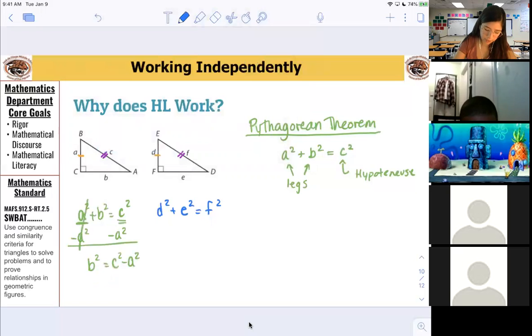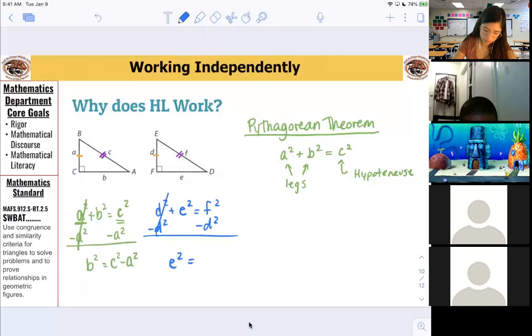So I know that E squared equals F squared minus D squared. But hey, I know that F is congruent to C, and that D is congruent to A, so I can replace those values. This is the same as C squared minus A squared.